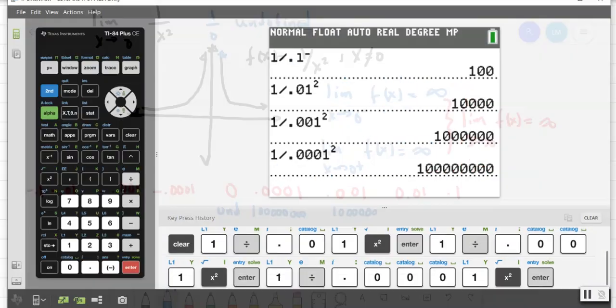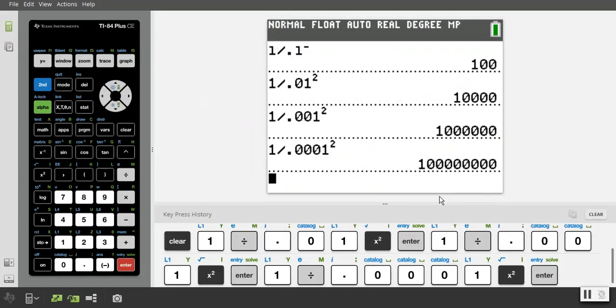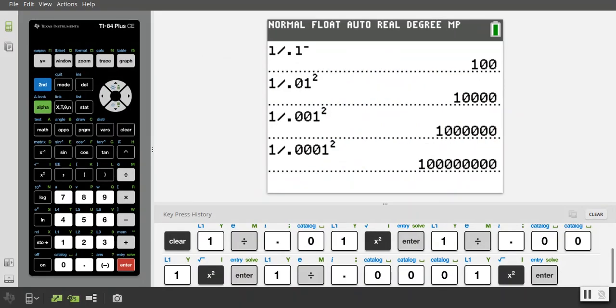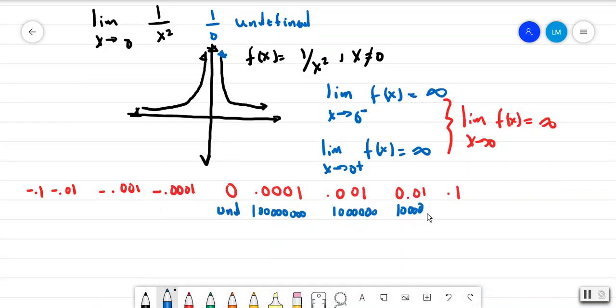Let me just check that to be sure. Okay, so this is going to be 10,000, and then that's going to be 100. Technically, this is all going to be the same.